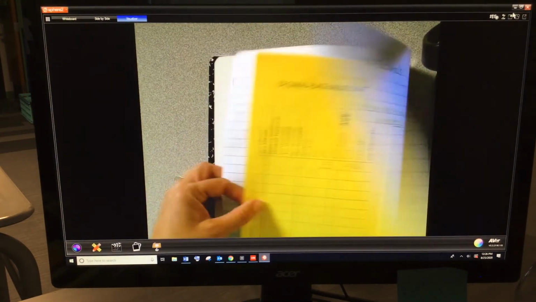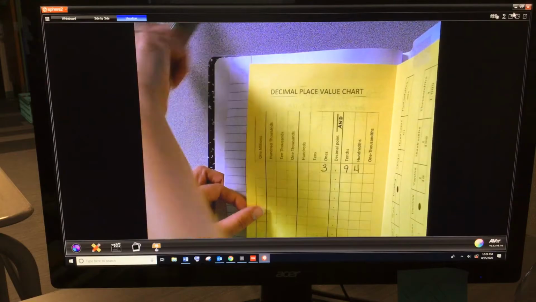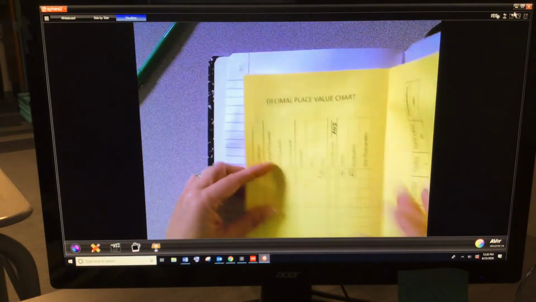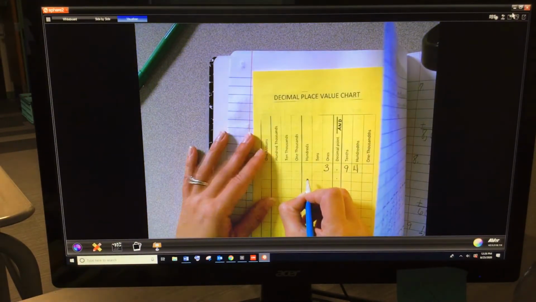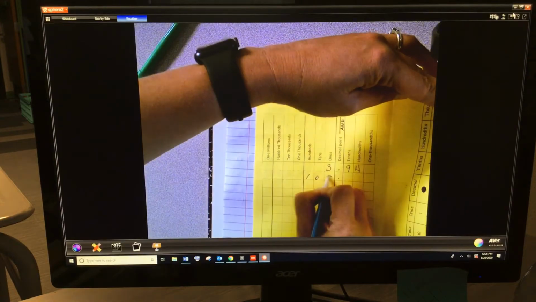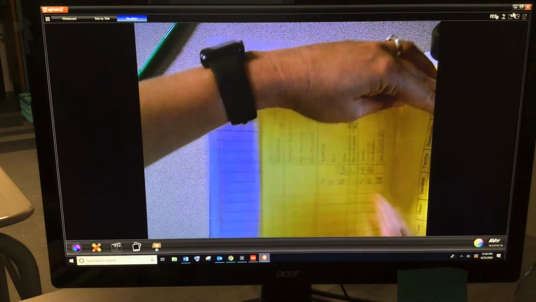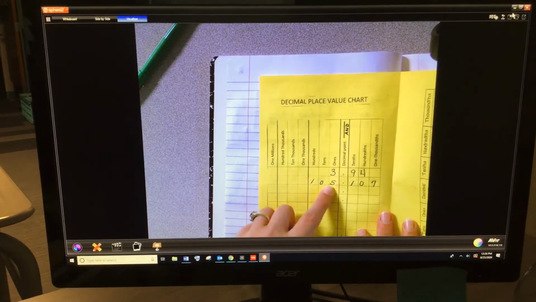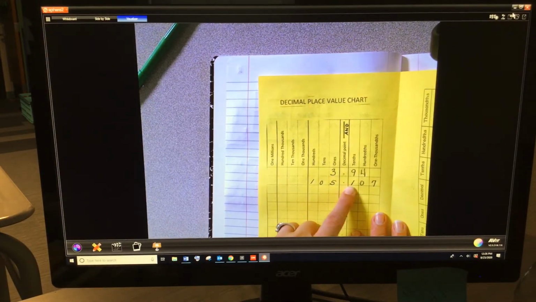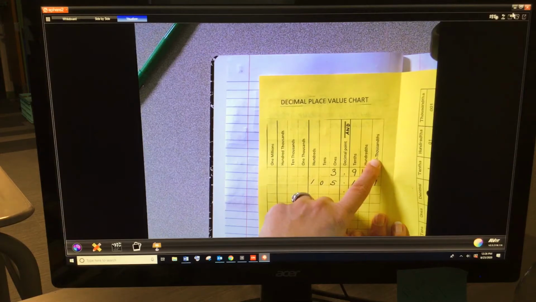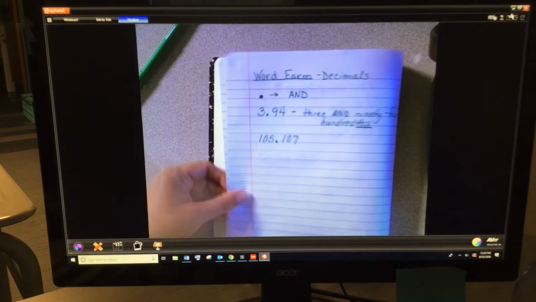So let's open back up to our yellow, back to my pencil. So it said we had 105 decimal 107. So 105 and 107 what? Thousandths. Thousandths. So let's write that correctly.